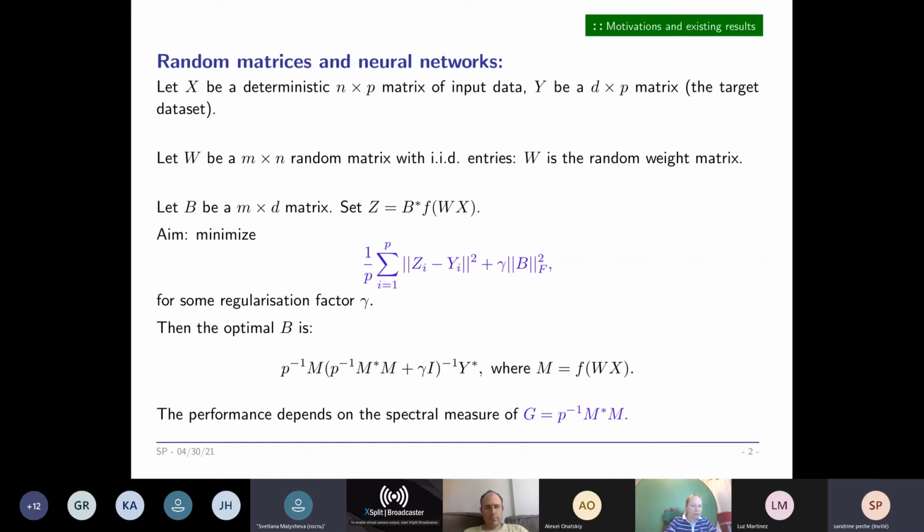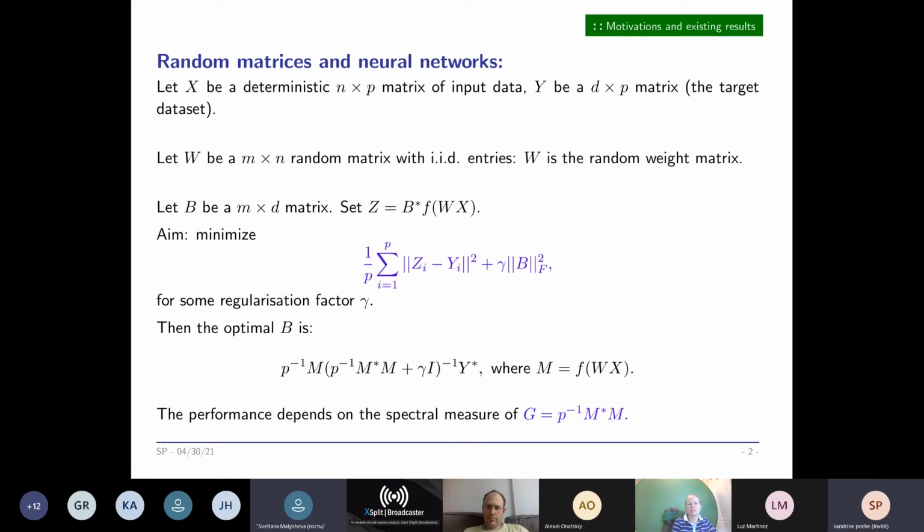And to estimate the output, we will use a linear interpolation. That is, we use a matrix B, and consider the matrix C, which is B star f of WX, and compare it with the target data matrix.